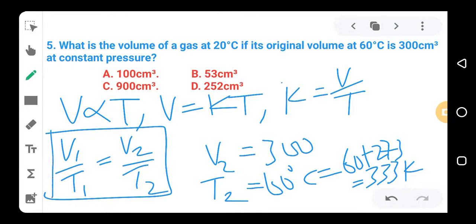So we now put everything here. We look for our V1 and put it there, look for our T1, put it there, look for our T2, put it there, and look for the one that we don't have.